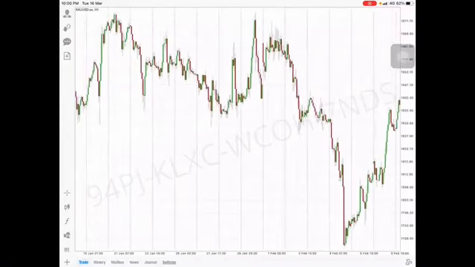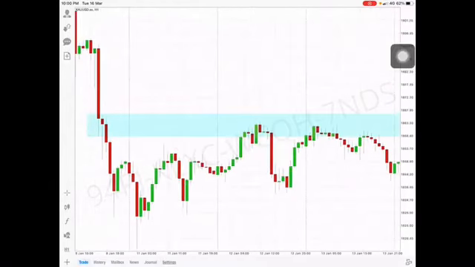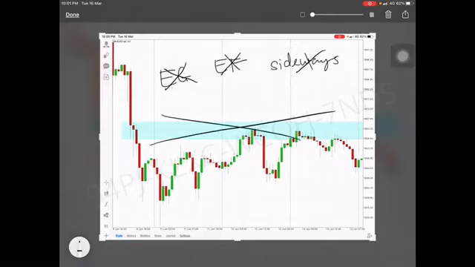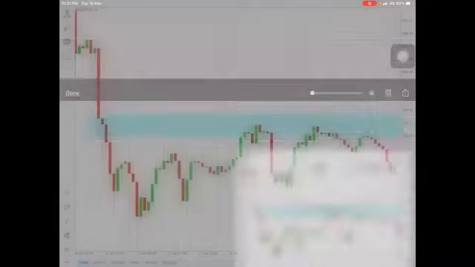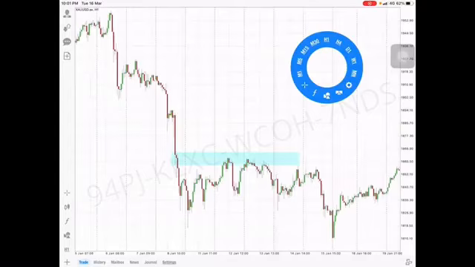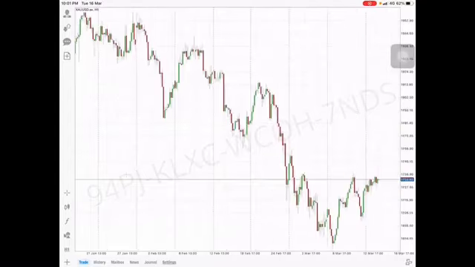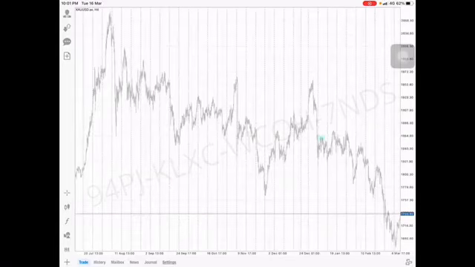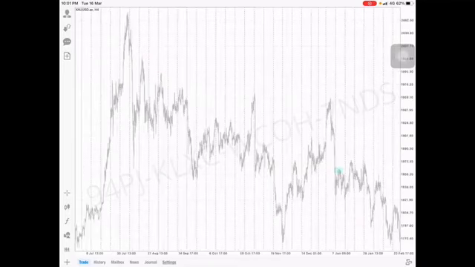Now, do you think that this zone can be used? Is there any EG? No. Is there any EF? Is there any sideways? No. So you cannot entry at this place. You can use this when it gives you another setup, which is when it gives you engulfing sell right there.